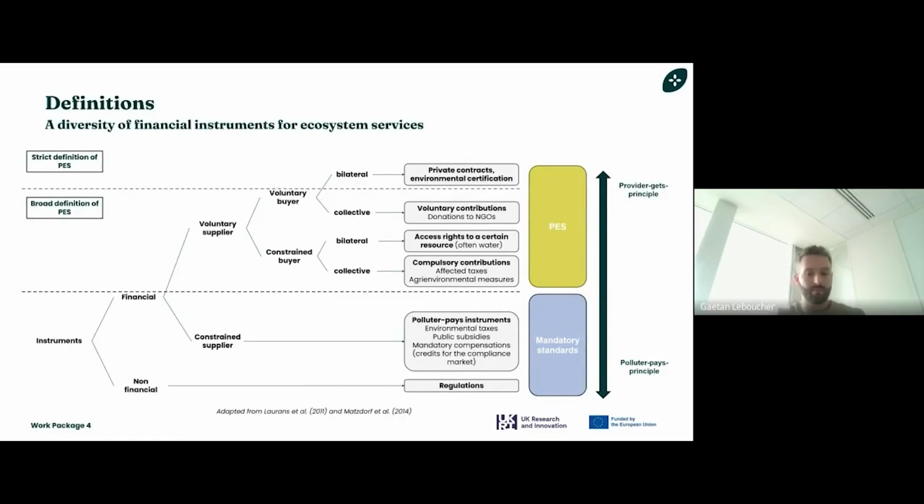So this can be, for example, taxes that are paid by consumers on some products that they buy and that are allocated to payment for ecosystem services. In this category are also included agri-environmental measures from the CAP that are paid by the state budgets. And so here the buyer is constrained because the member states have to contribute to the Common Agricultural Policy budget.